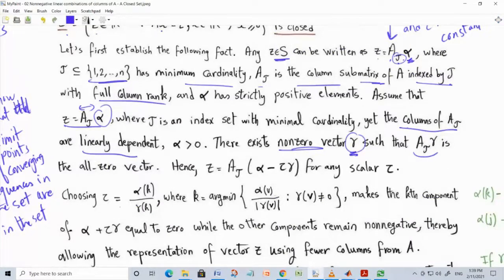Choose tau to be alpha of k over gamma of k, where k is defined to be the minimum of those.